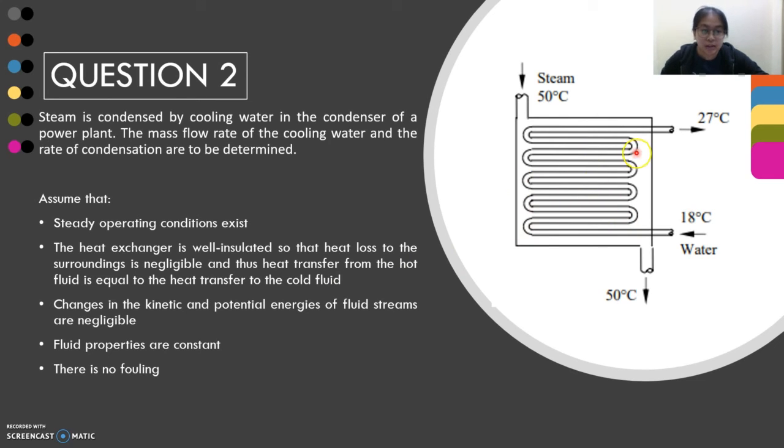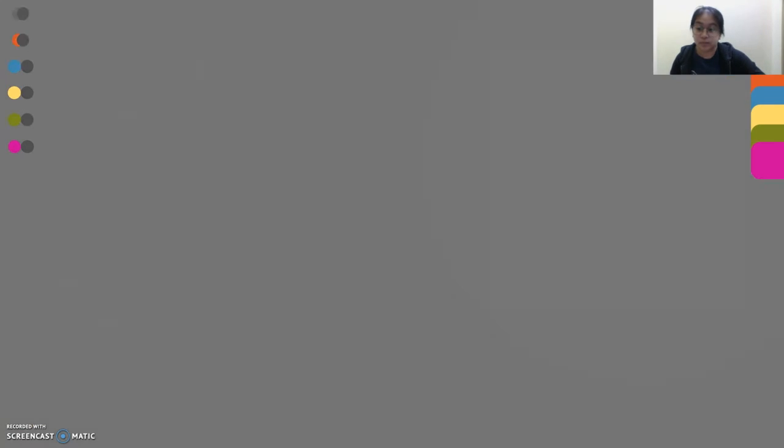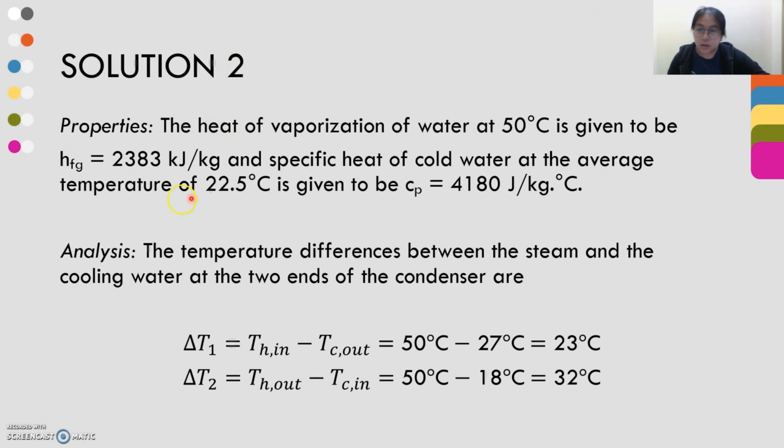Now, looking at the diagram, you can see that the steam goes in the heat exchanger at 50 degrees Celsius, and water goes in the heat exchanger at 18 degrees Celsius. Moving on to the solution, there are 2 properties here that we can extract from the question.